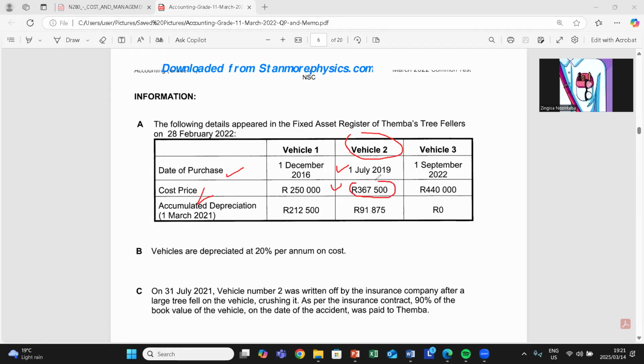And then they also provided you with the accumulated depreciation of that vehicle at the beginning. So you have your cost price and accumulated depreciation at the beginning. Hence, on the T account of our asset disposal, we debited that 367,500.